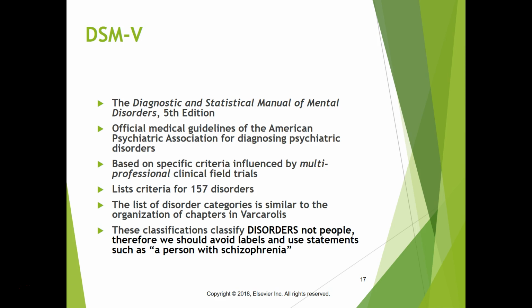However, we need to be aware of what the criteria are and to fully understand the symptoms that the patients have in their disorders. Then we can work on the nursing aspect of it and use the correct nursing diagnosis, nursing assessments and interventions, and use our nursing process to fully help the person with a mental illness.